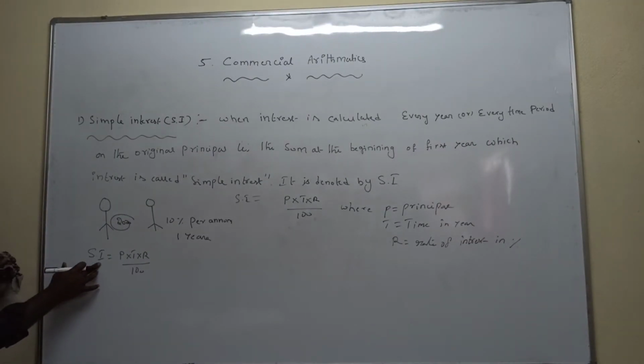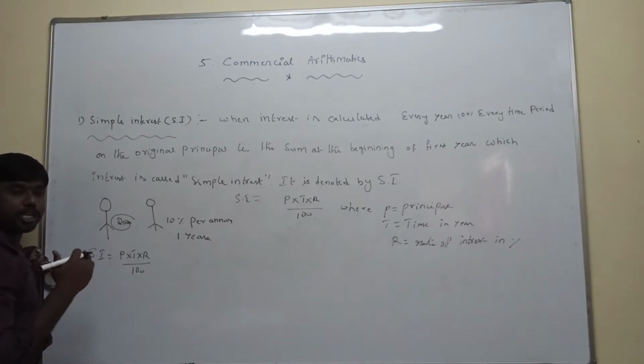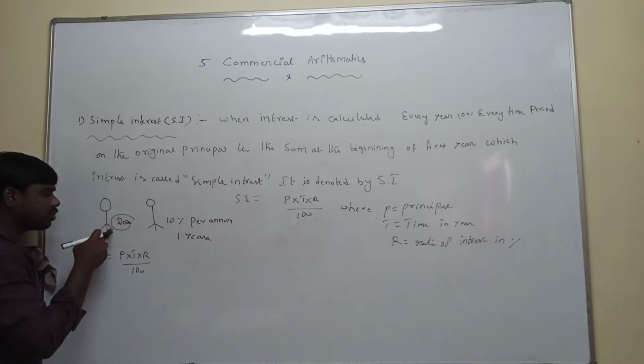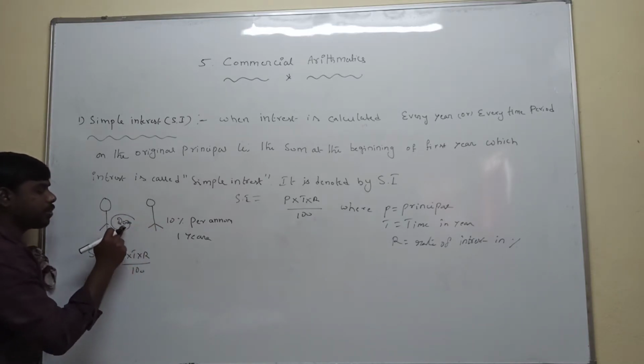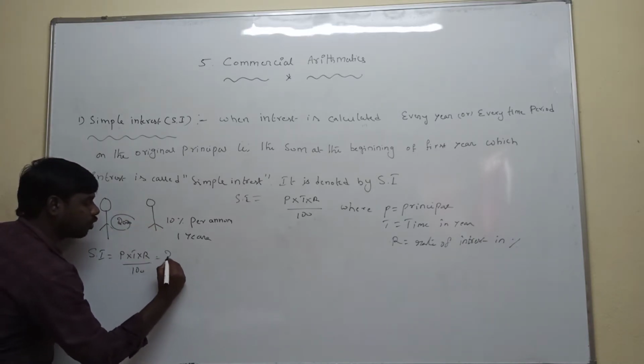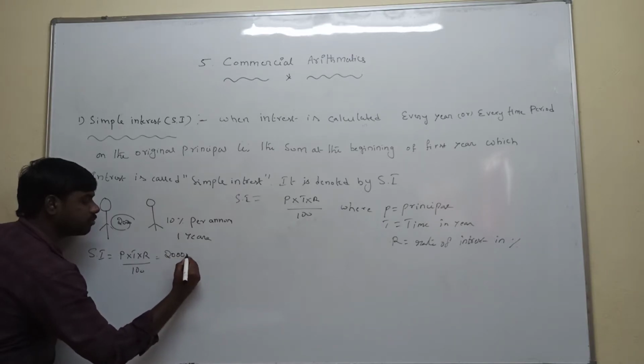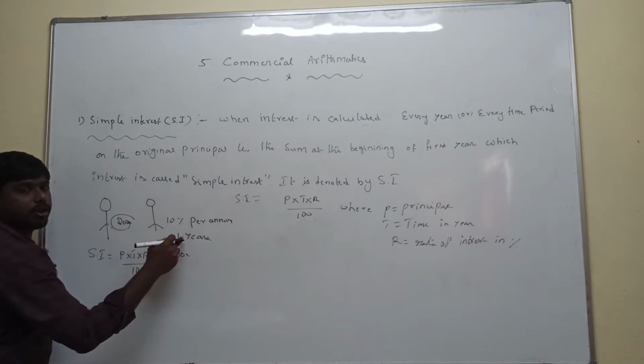So simple interest equals P, the principal amount. The principal amount is the sum of money deposited or borrowed. This person borrowed 2000 from the friend, and that is the principal. What is the principal amount here? 2000 rupees. How many years is the time period?